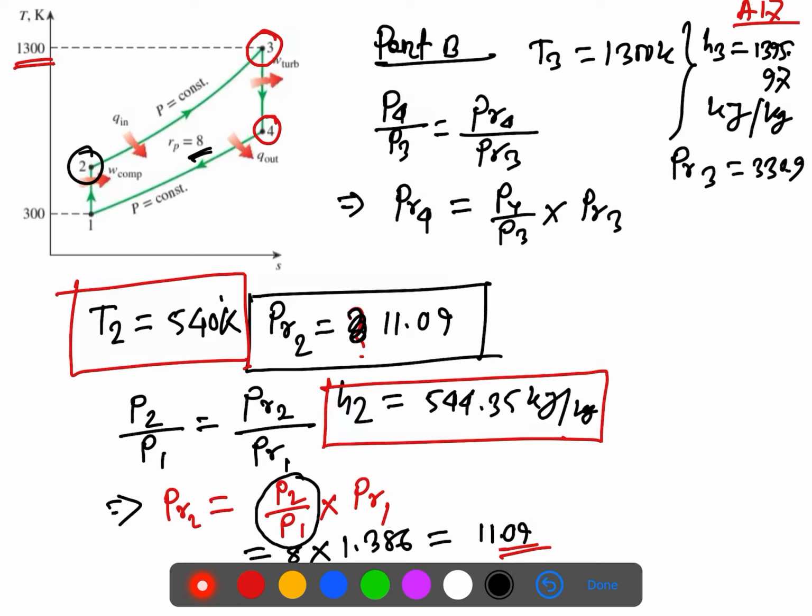So what we know, guys, here actually, the gas ratio P2 over P1, it was the rp. If you read the question, it says the pressure ratio for the Brayton cycle is 8. Okay, so the P2 over P1 was 8.